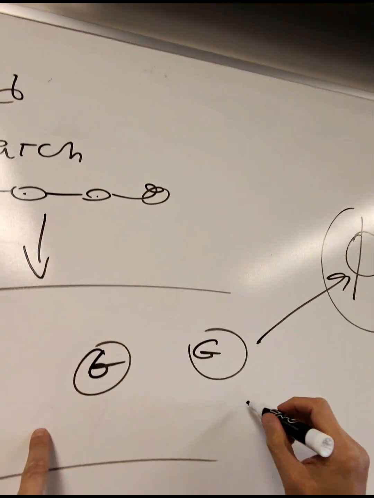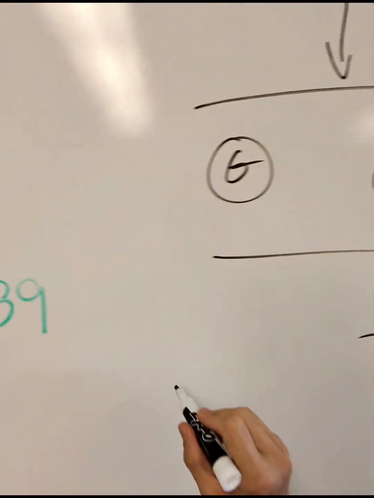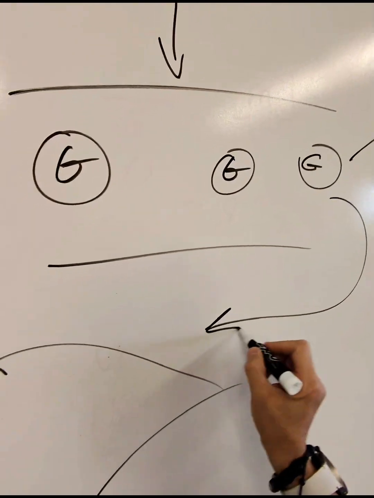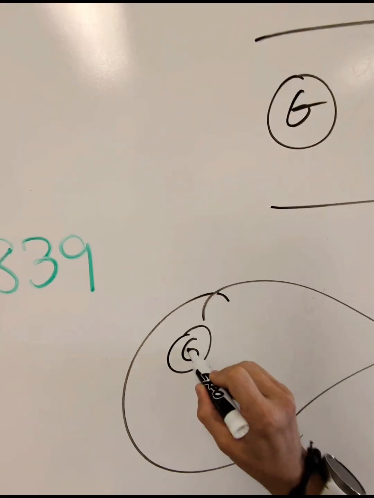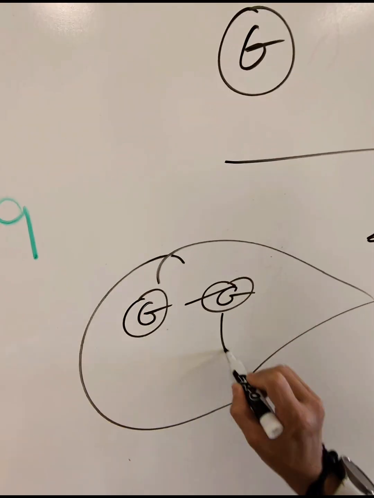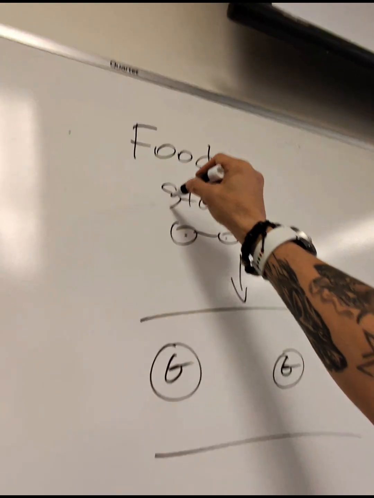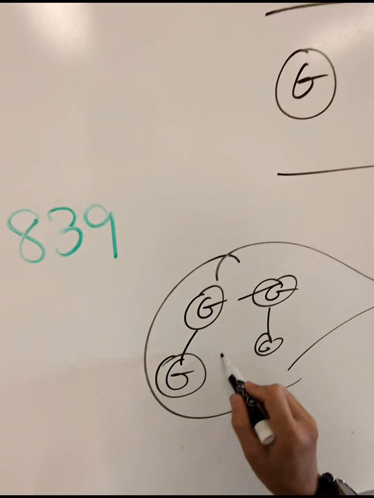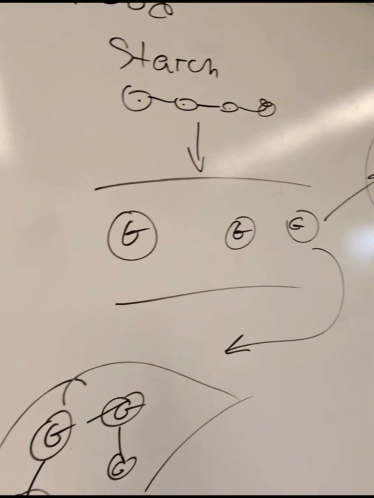We can use this glucose to replenish, to restore glycogen. So we're basically using these glucose molecules that we just got from the food, from the starch, let's say. So we can store it in the liver.